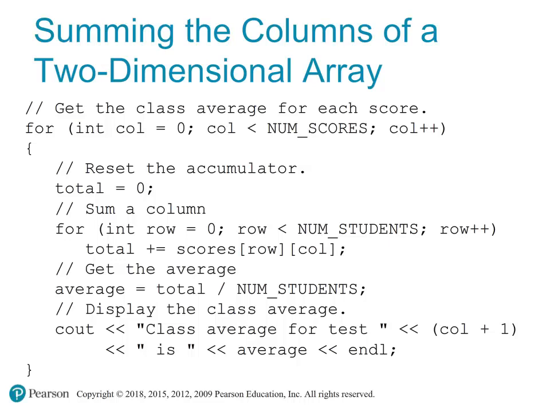Then after the inner loop completes, we find the class average for the current test by dividing the total score by the number of students. Then the program displays the calculated class average for each test. And here we use col plus 1 to convert the zero-based index to a more human-friendly format.